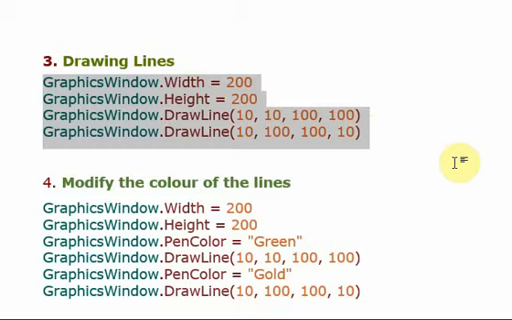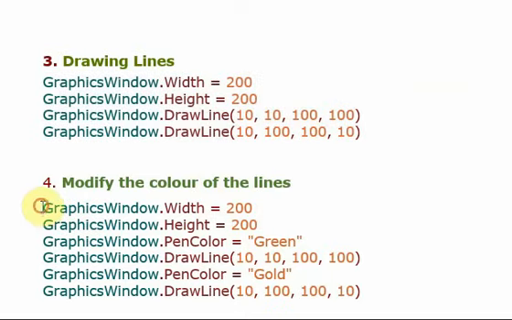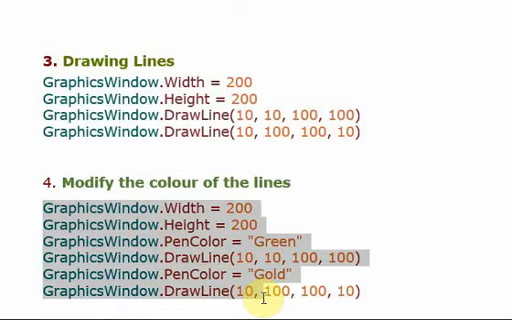Now here we can modify this line drawing. We can set the color, we can set the width. It is possible. Now we'll see this here. PenColor green, we are changing the color, then DrawLine, then again we change the color, PenColor gold, and then drawing the line.